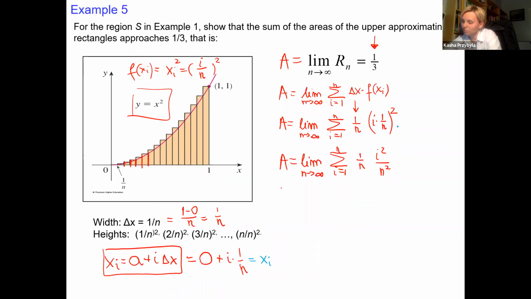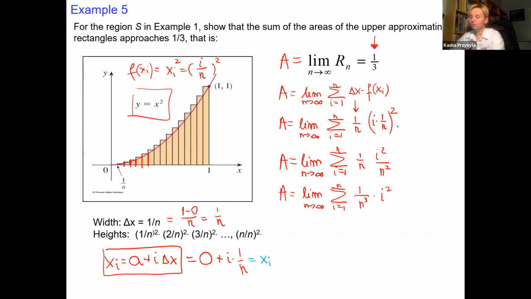Maybe a few more steps. Limit of the sigma from 1 to n. And we do have i squared. n times n squared will be n cubed, and times i squared.